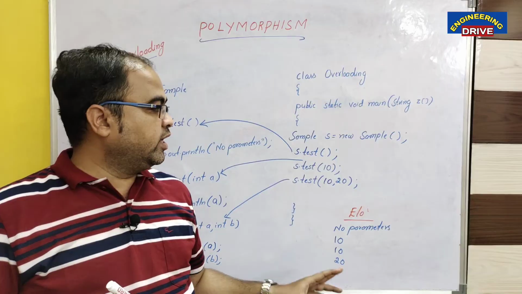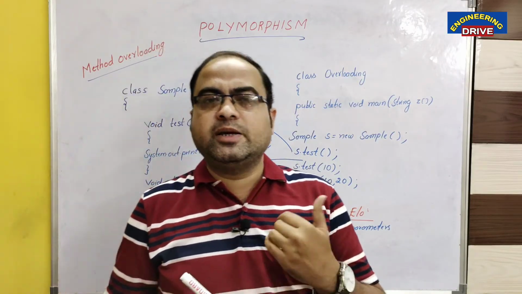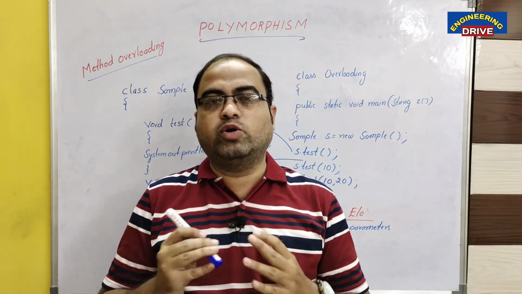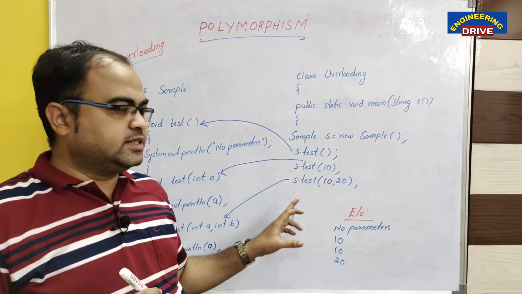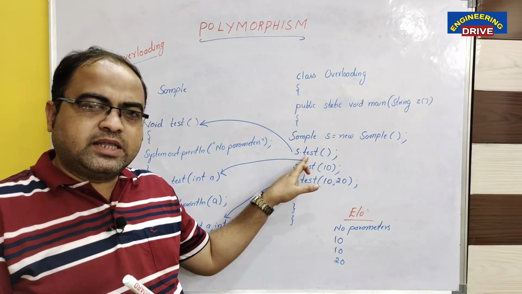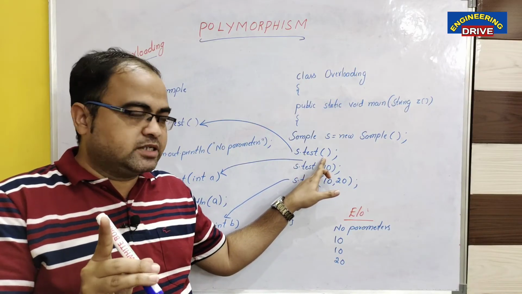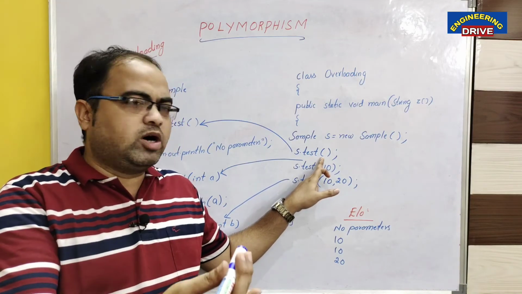What is method overloading? When a method with the same name has been called multiple times with different parameters, then it is known as the method overloading concept. What is the meaning of overloading here? Overloading in the sense we are using the same method name. The first call with no parameters doesn't mean overloading, it is a simple call. Simply we have called that method.